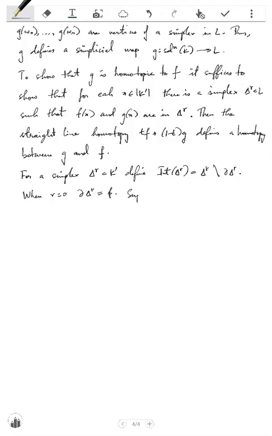So suppose x belongs to the interior of delta R and let W0 up to WR be the vertices of delta R.